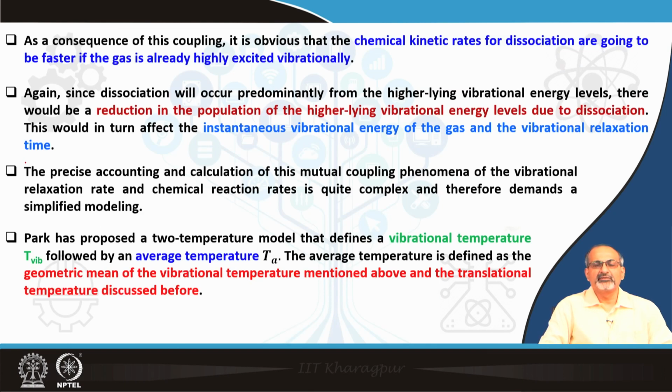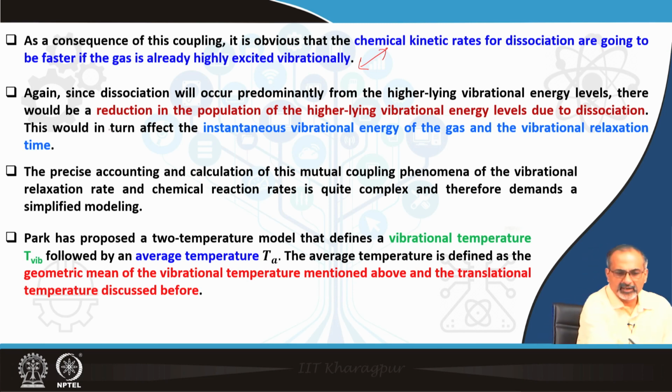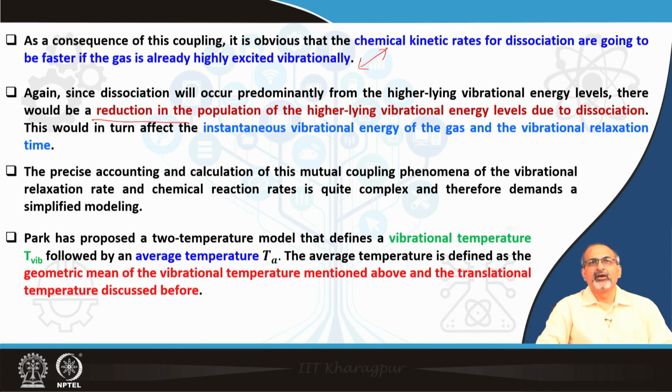As a consequence of this coupling, it is obvious that the chemical kinetic rates for dissociation are going to be faster if the gas is already highly excited vibrationally. This is the obvious connection that is coming up. Again, since dissociation will occur predominantly from the higher lying vibrational energy levels, there would be a reduction in the population of the higher lying vibrational energy levels due to the ease of dissociation from those levels.